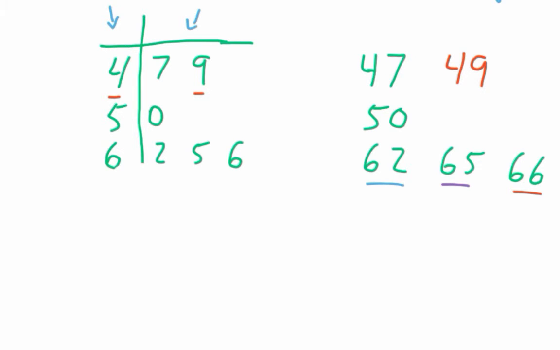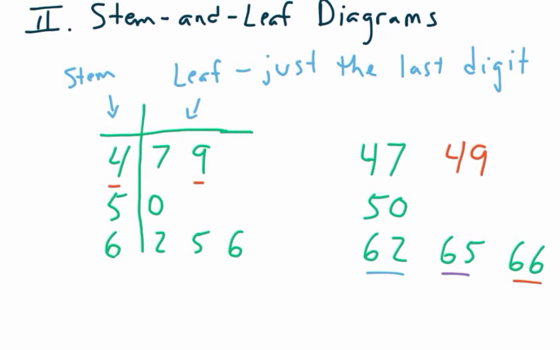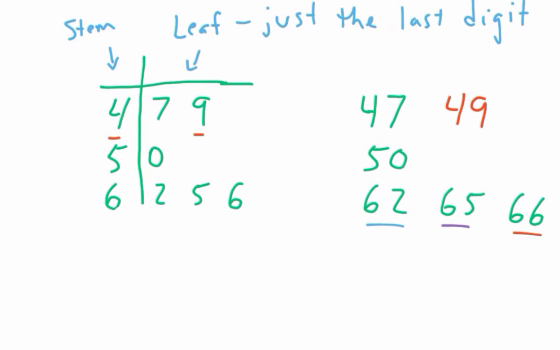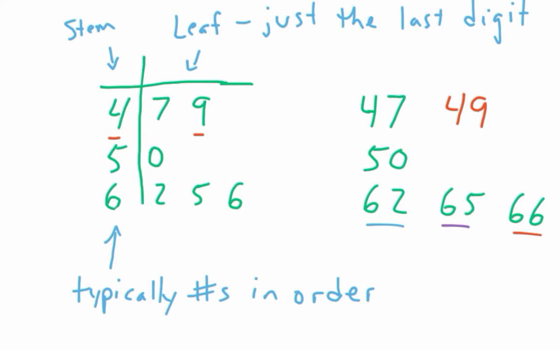So we had the stem, we had the leaf. The leaf is just the last digit. We have that down. Typically, they put them in order. So typically the numbers are in order. And on that left column, the stem, you should start with the small numbers and go smallest to largest.